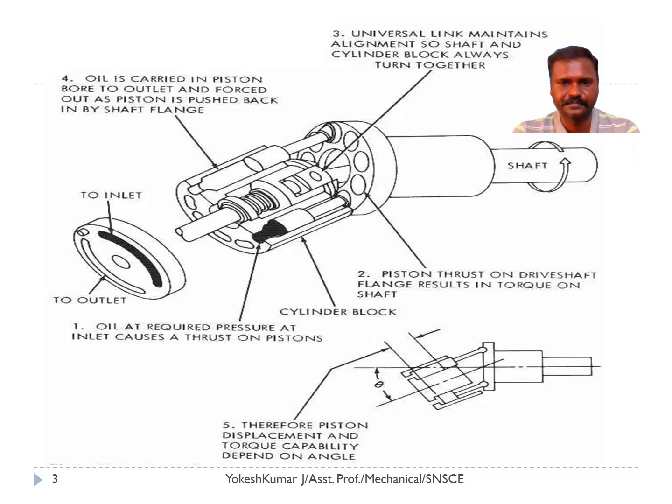The torque can be transmitted through the universal link, which maintains alignment so the shaft and the cylinder block always turn together, which will convert the linear motion into oscillatory motion. Further, it will be converted into a rotary motion. Oil is carried in a piston bore to the outlet and forced out as the piston is pushed back by means of the flange.